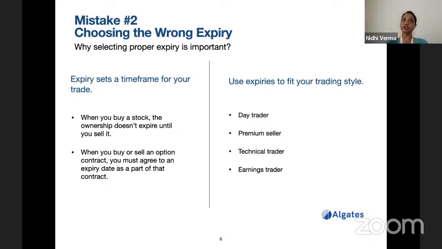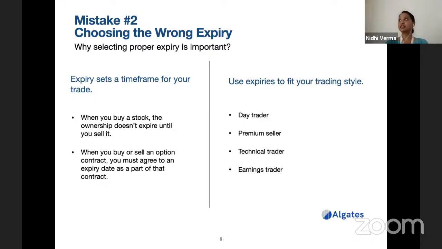Suppose you are an earnings trader. That means you are basically relying on the events where companies declare results or earnings, and you expect that because of those results the prices of the stocks will move up or down. So that event has to happen before the contract expires, right?